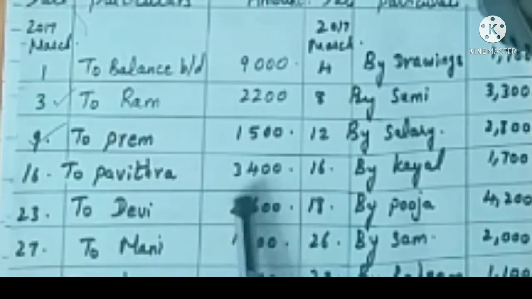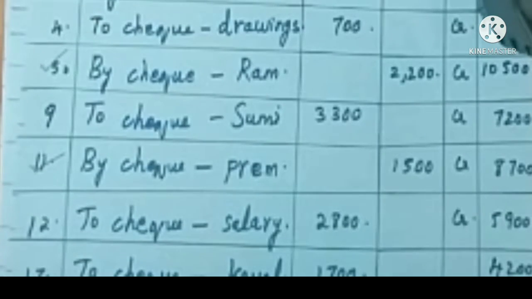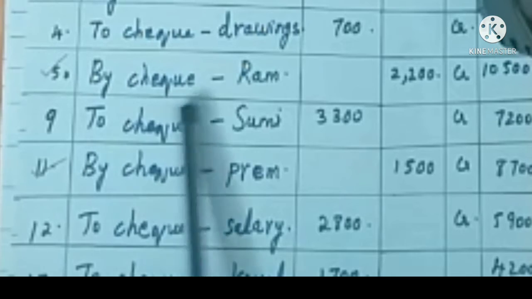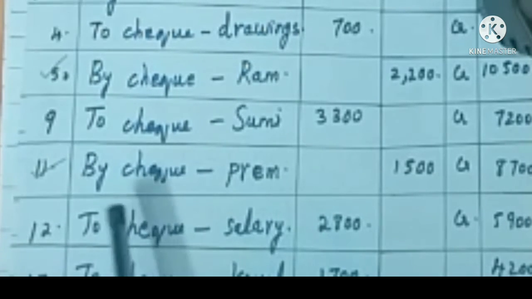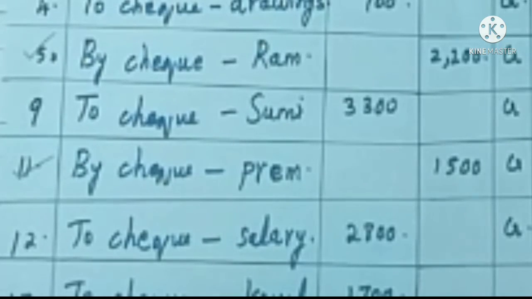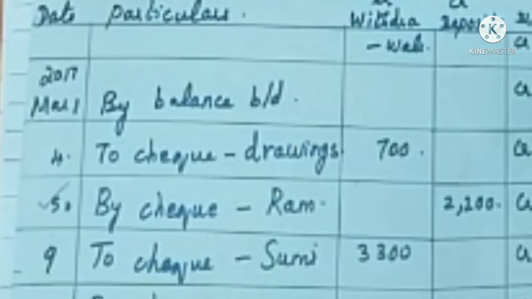To Pavitra 3400. It is debited in the cash book. Let's see whether it is credited in the passbook. See here in the passbook: By cheque Ram, To cheque Prem, To cheque Salary, To cheque Kayal, By cheque Devi. Only these have been debited and credited in the passbook, but To Pavitra is not shown in the bank statement.